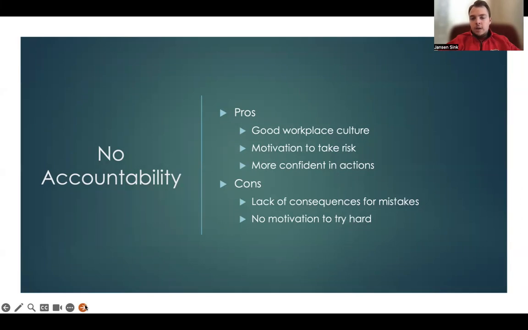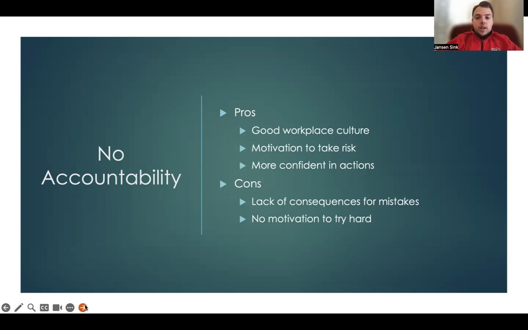It's a repeating cycle. But in a team like fiber optics, where there's no real leadership and they're just kind of walking around aimlessly, when there's no consequence for actions, they kind of just can do what they want. And really, there's no motivation to try hard, because if you fail, so be it. If you don't have a goal to hit, then if you make a mistake, it's fine, because what does it matter?